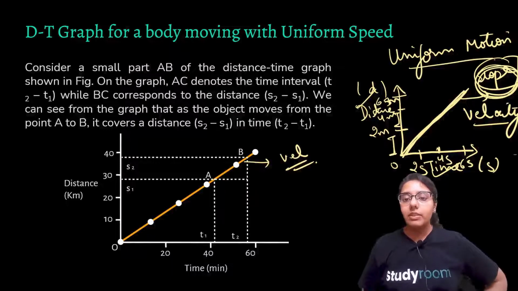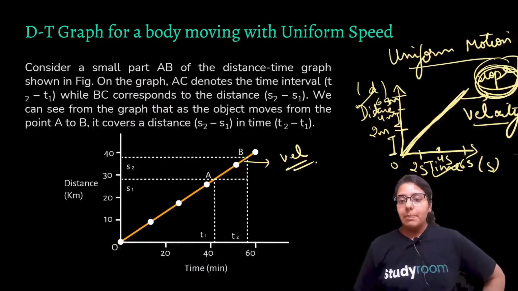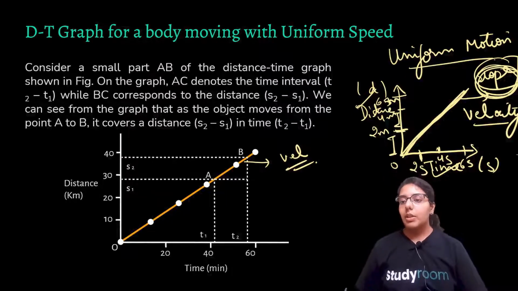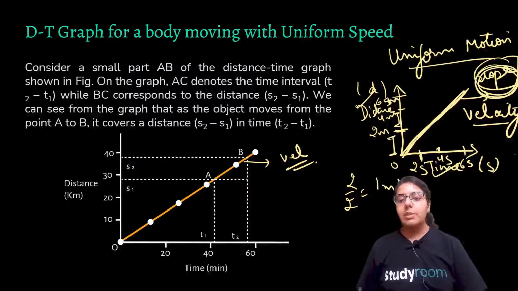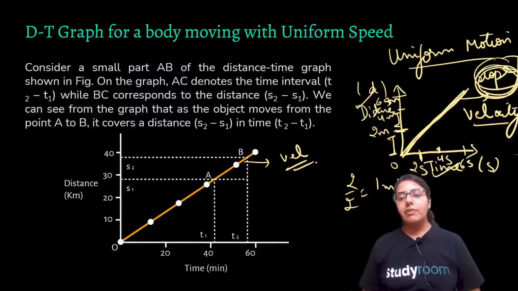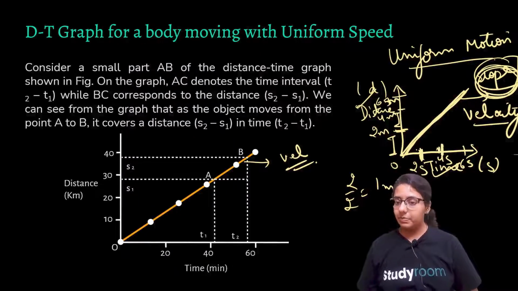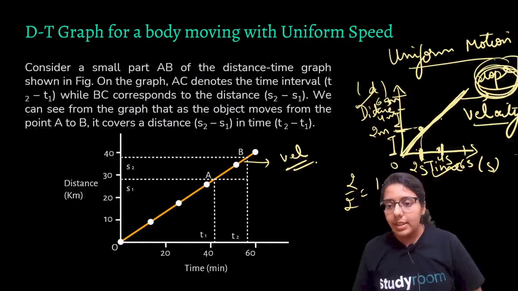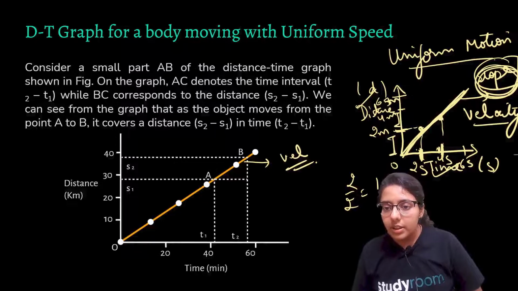How can we calculate the velocity? Simply, for example, a person covers 2 meters in 2 seconds and you have to calculate the velocity. What is velocity? Distance upon time. So 2 by 2, so your velocity is 1 meter per second. For example, if you have to calculate the velocity for a particular time interval, from 2 seconds to 4 seconds, firstly we'll see the respective distances.